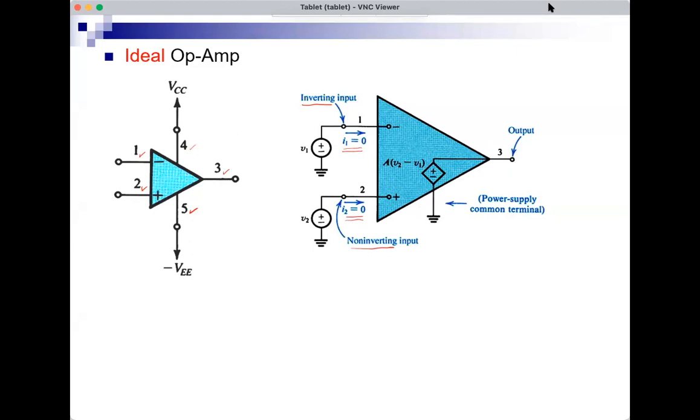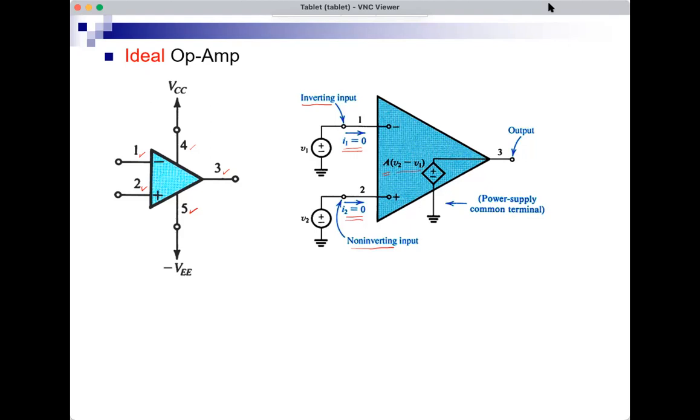The output is some A times the difference between the potential at 2, the plus, and the potential at 1, the minus. So V at the output, V3, is A times V2 minus V1.